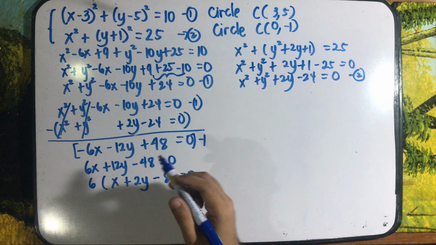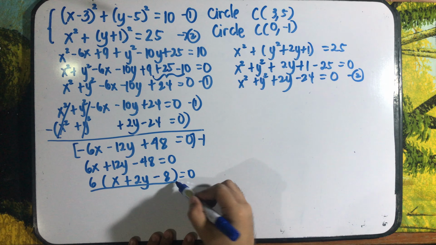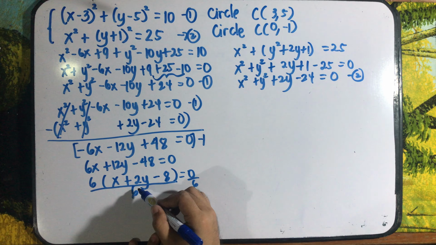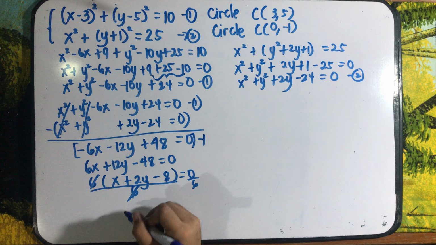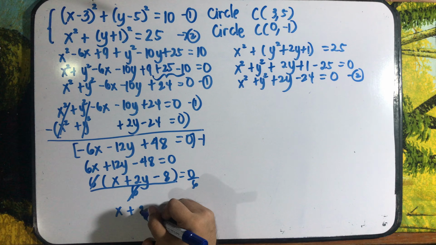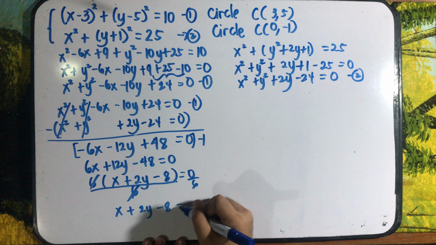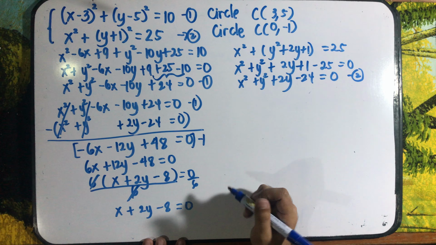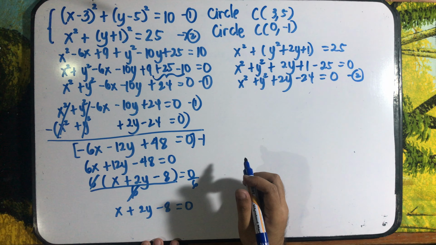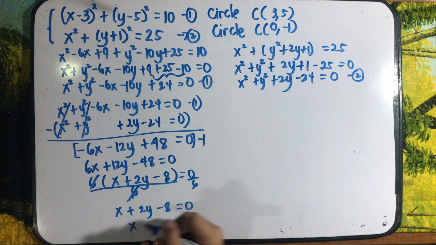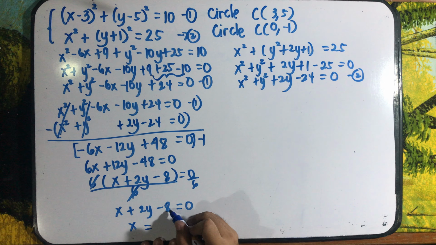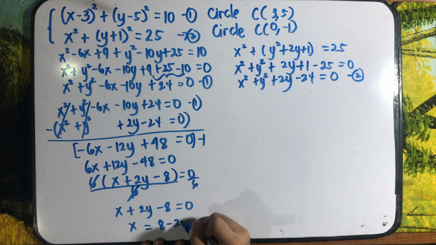So, divide both sides by 6. Cancel this out. Therefore, our equation now is x plus 2y minus 8 is equal to 0. And in terms of x, we have x is equal to positive 8 minus 2y.